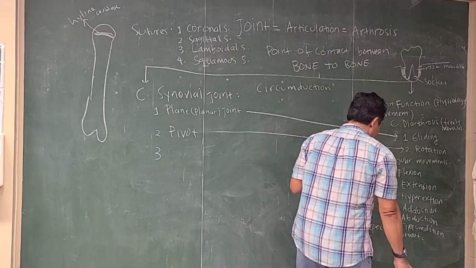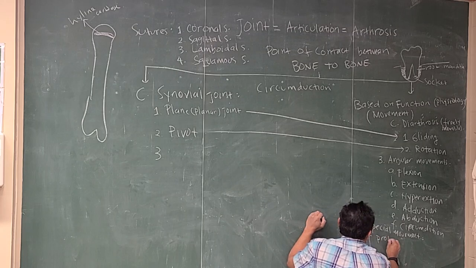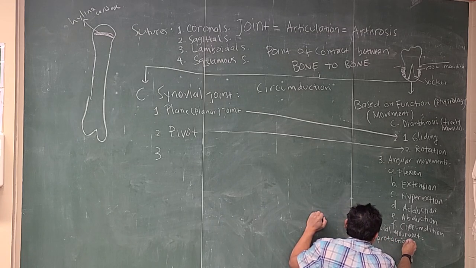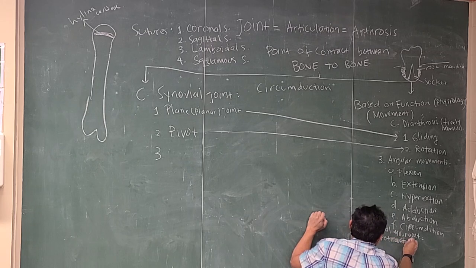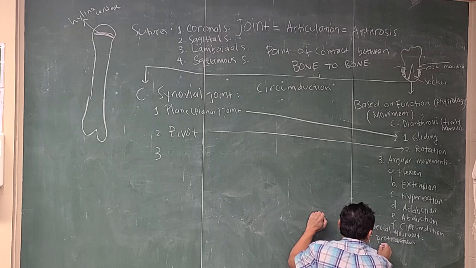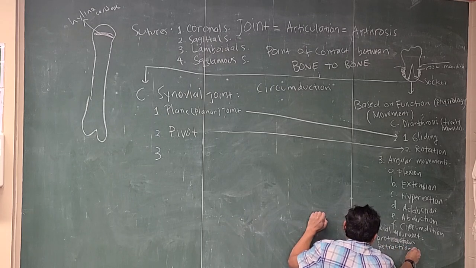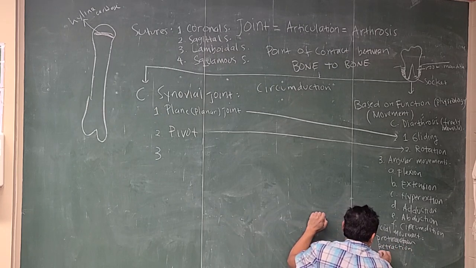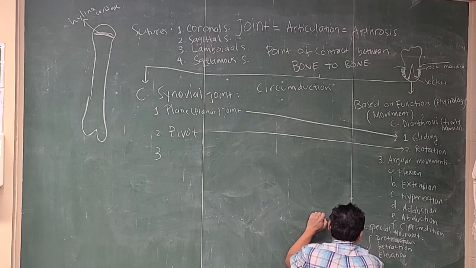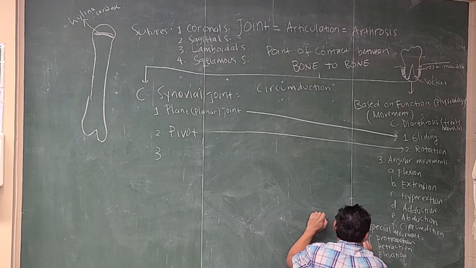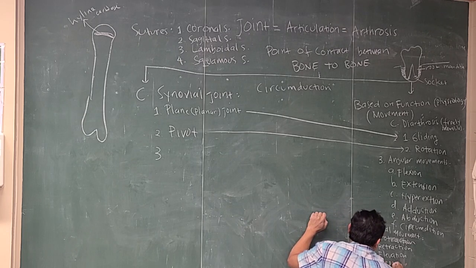The mandible can move 4 ways. The first one is called protraction, and the opposite is retraction. There is also elevation, and this is the mandible, and the opposite of elevation is depression.